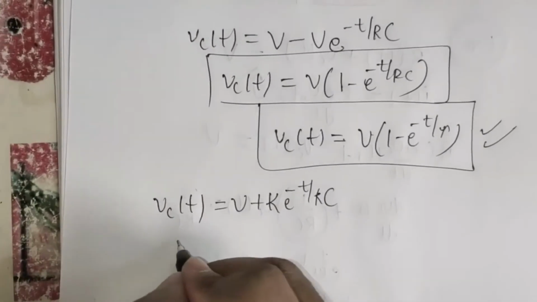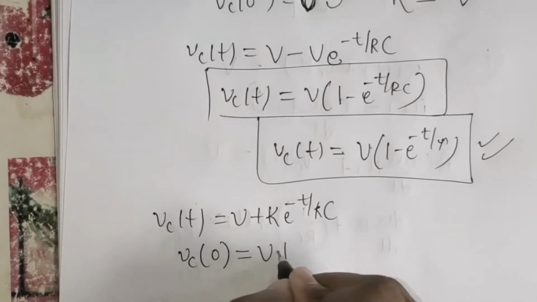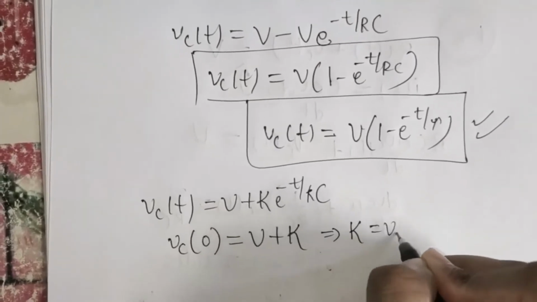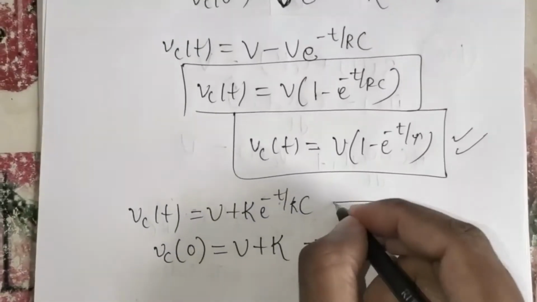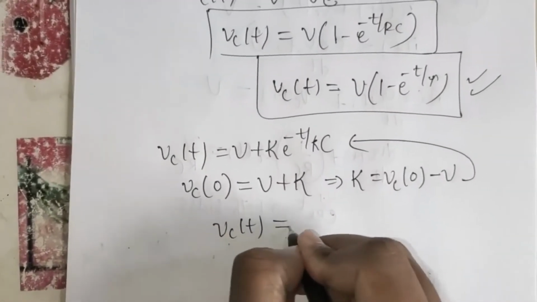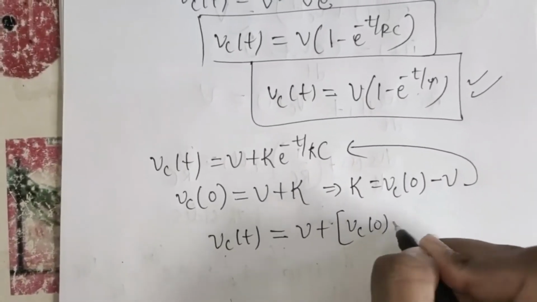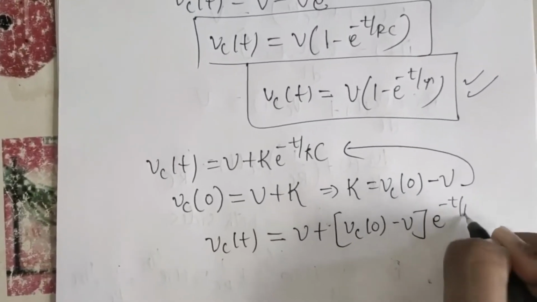So if I substitute 0 in place of t, Vc of 0 is equal to V plus k. So from this k I can write as Vc of 0 minus V. So if I substitute in the expression, Vc of t is equal to V plus, instead of k I have Vc of 0 minus V into e power minus t by RC.